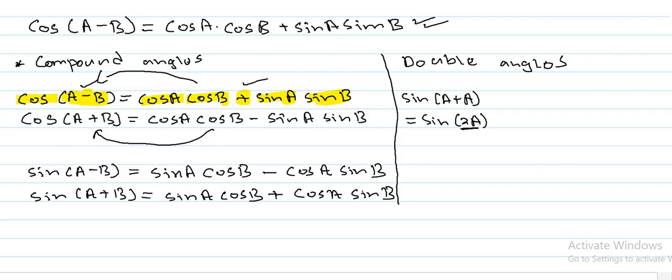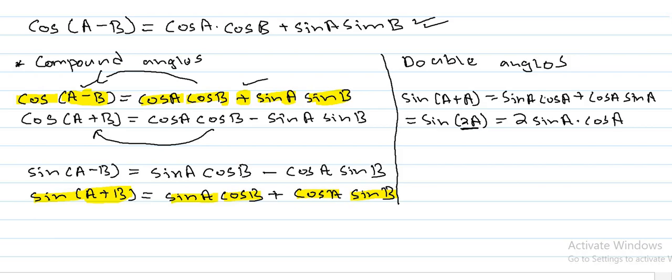But remember, from our compound angle, the sine of the sum of any two angles was sine A cos B plus cos A sine B. So in terms of sine, if it's sine A plus A, it will be the same as sine A cos A plus cos A multiplied by sine A. So sine A cos A plus cos A sine A is the same as 2 sine A cos A, because the angle is the same.